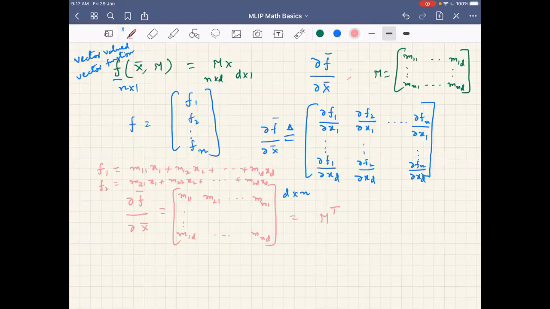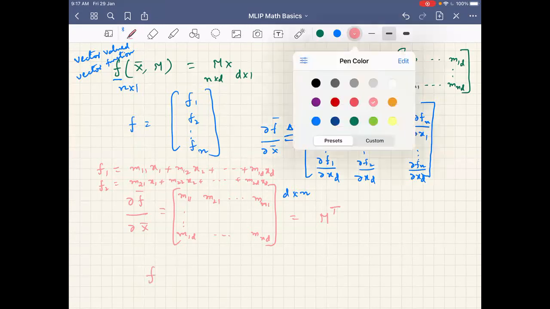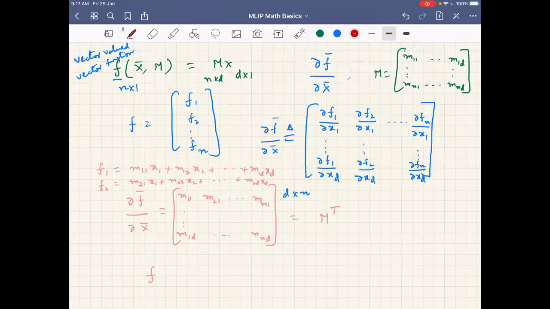Is this clear or not? Yes, sir. Hope this is clear. If this is clear, I will ask you another question now. I define now a function. Let me use another color. F bar, again a vector valued vector function.